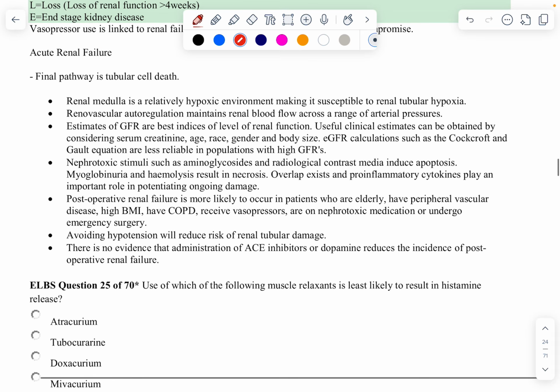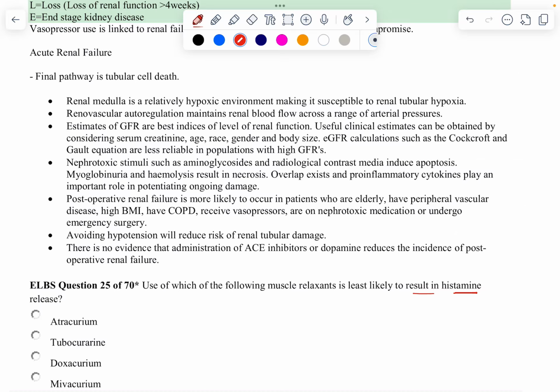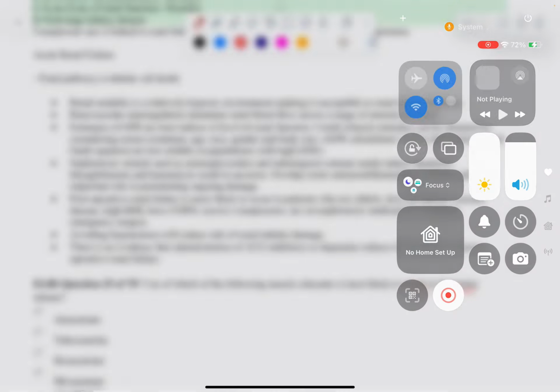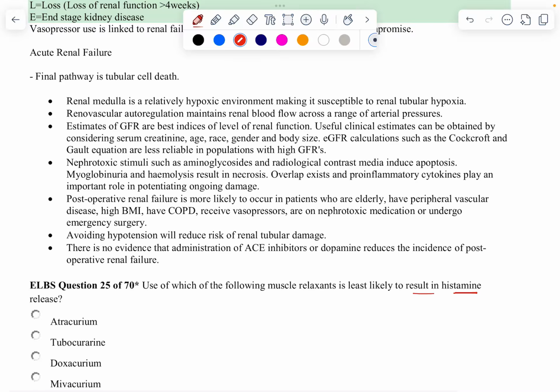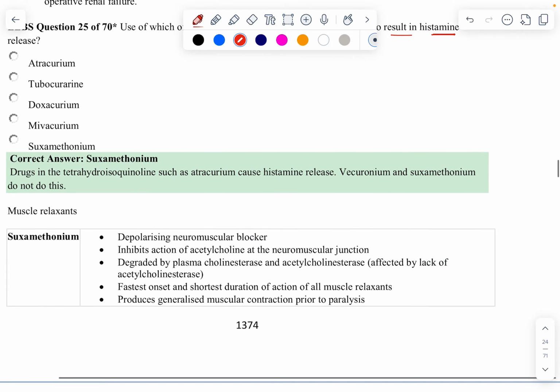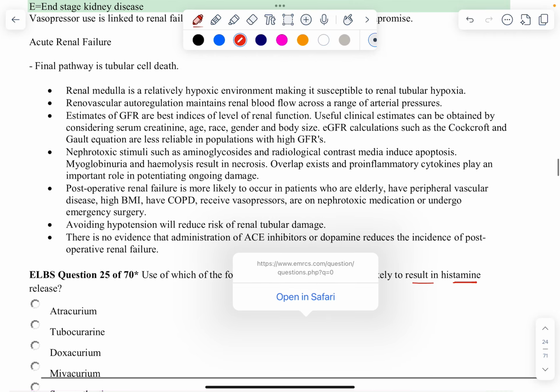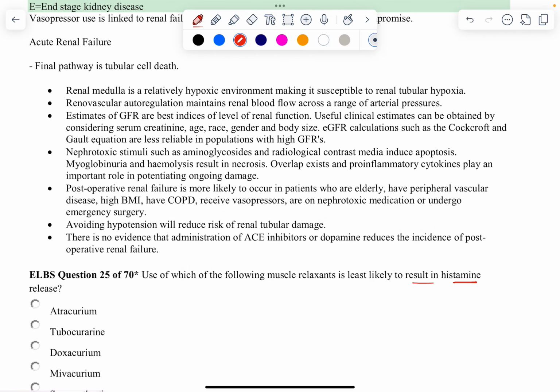Which of the following muscle relaxants is least likely to result in histamine release? Again, the same question, least likely.